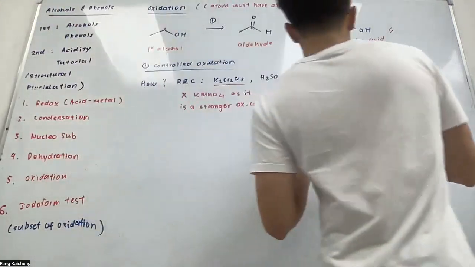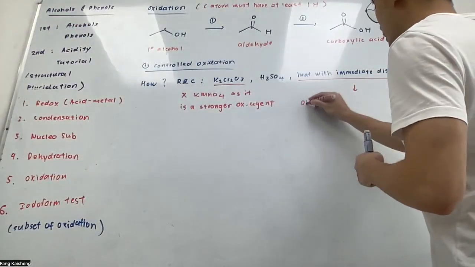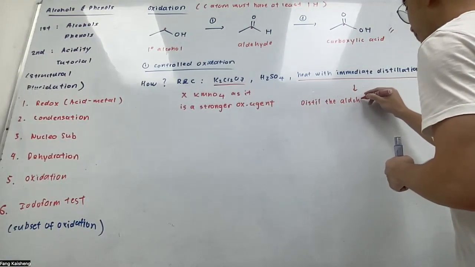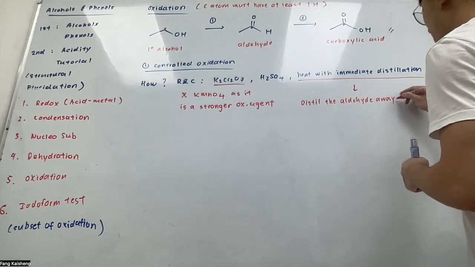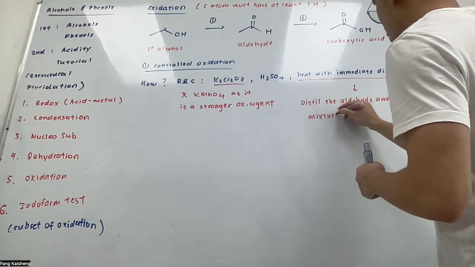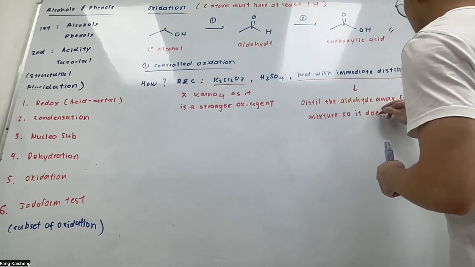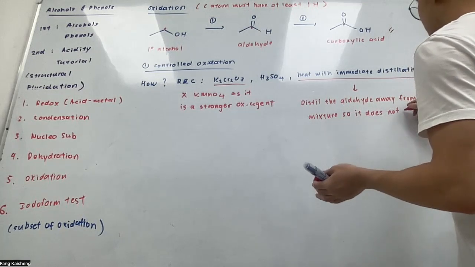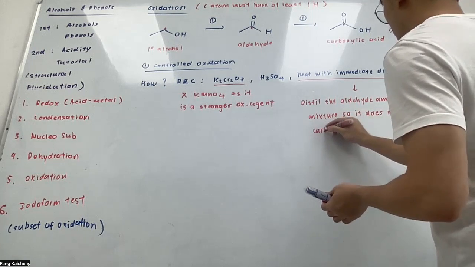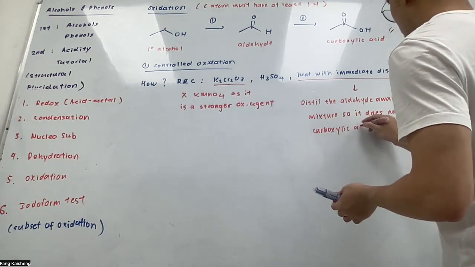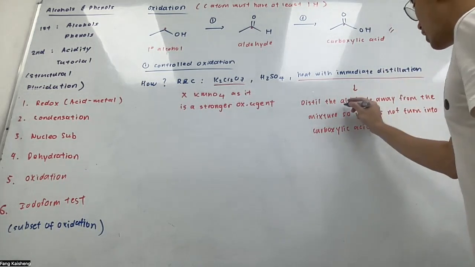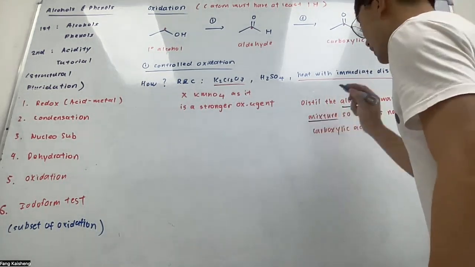Guys, let's first understand why you heat with immediate distillation. As I've already repeated myself, it is to distill the aldehyde away from the mixture so it does not turn into something you don't want, which is carboxylic acid. Okay, but think about it. I distill the aldehyde away from the mixture.